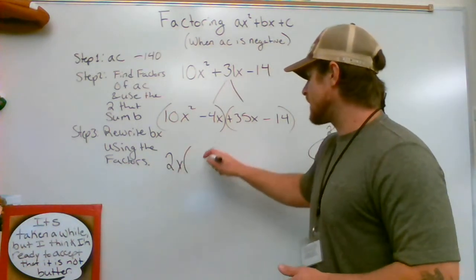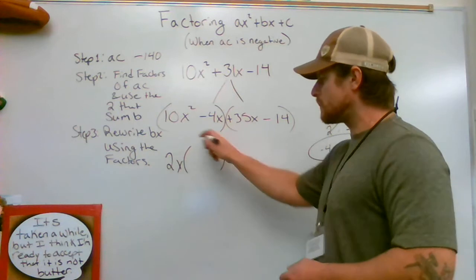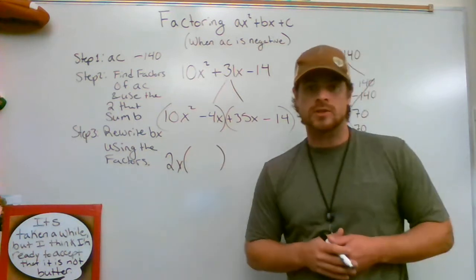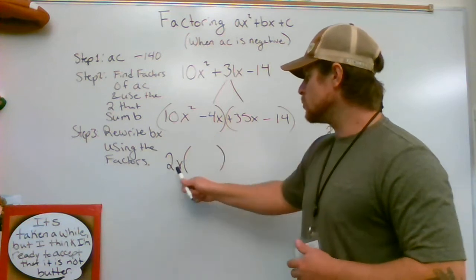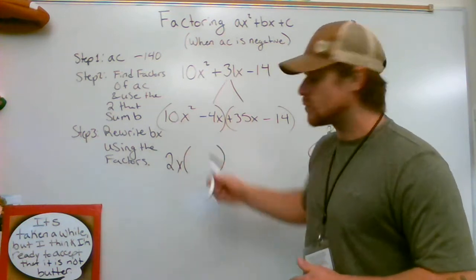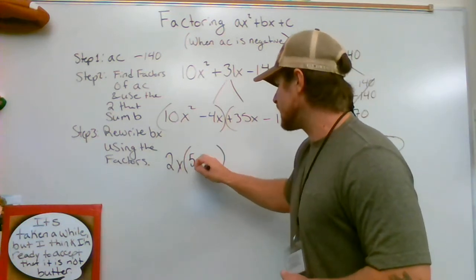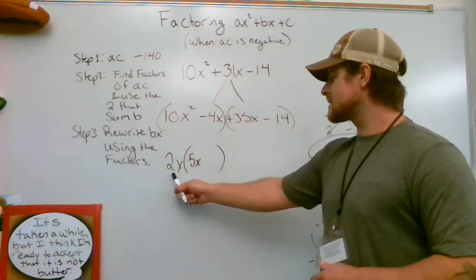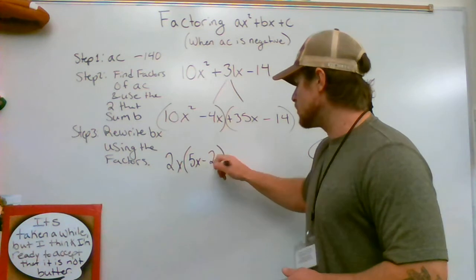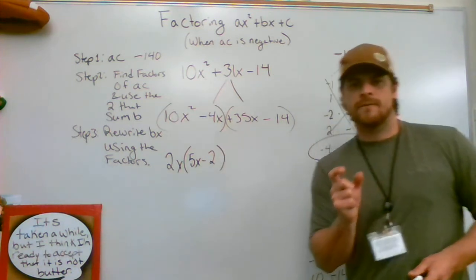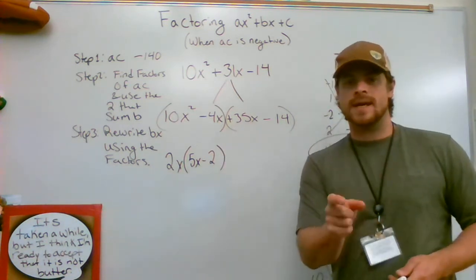And then I need to figure out what 2x would need to multiply by. Remember, this is like undoing the distributive property. What would 2x multiply by to make this? 2x times what makes 10x squared? Well, we'd have to have a 5 and another x. And then 2x times what would make negative 4x? And that would be negative 2. Now, remember from my previous video, we are hoping to find twins.